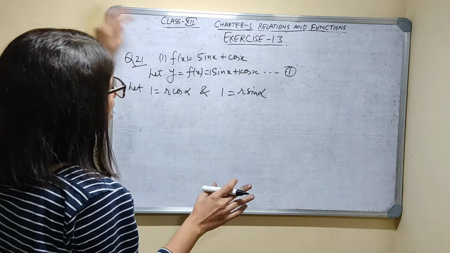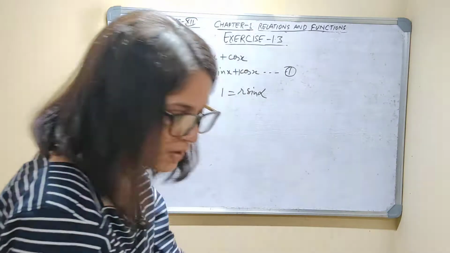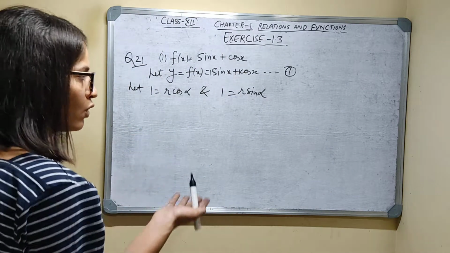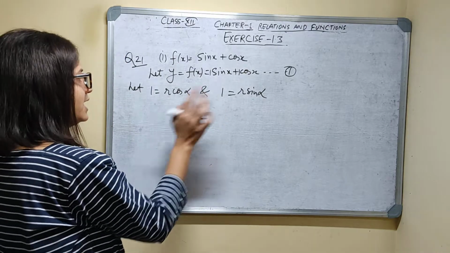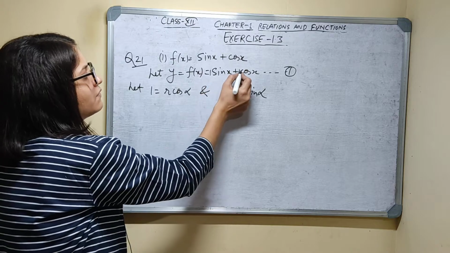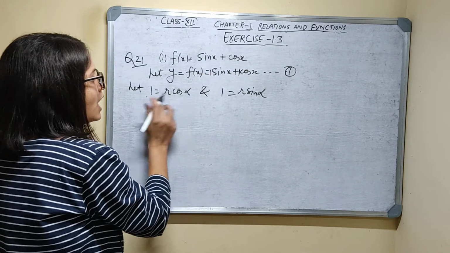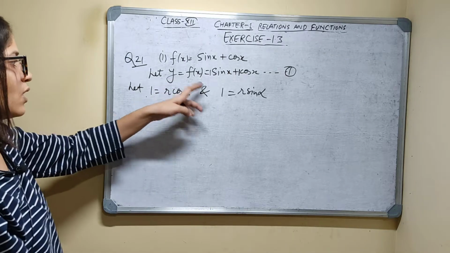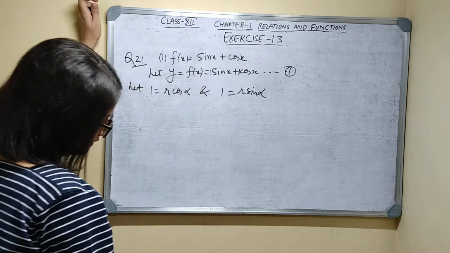Start like this only. Whenever a function is given like sin x plus cos x, or 3 sin x plus 4 cos x, or 3 sin x minus 4 cos x, you have to write it like this only. Let y is equal to this, and here nothing is written, so write 1, 1. So 1 is equal to r cos alpha and 1 is equal to r sin alpha.